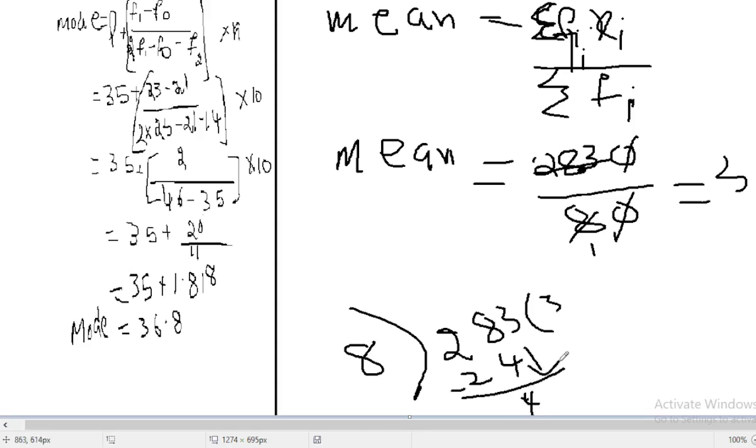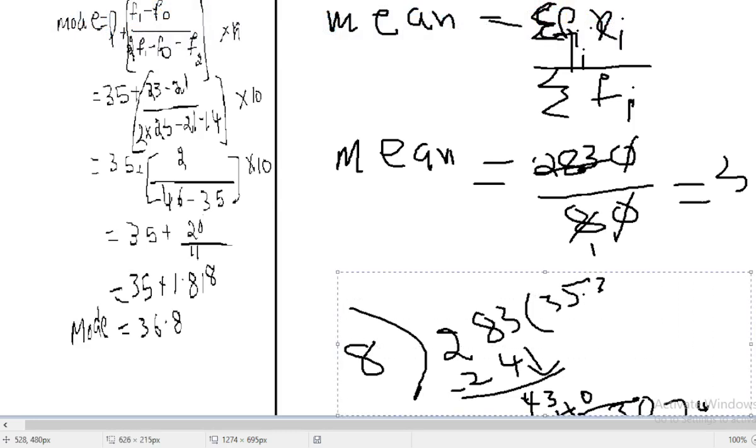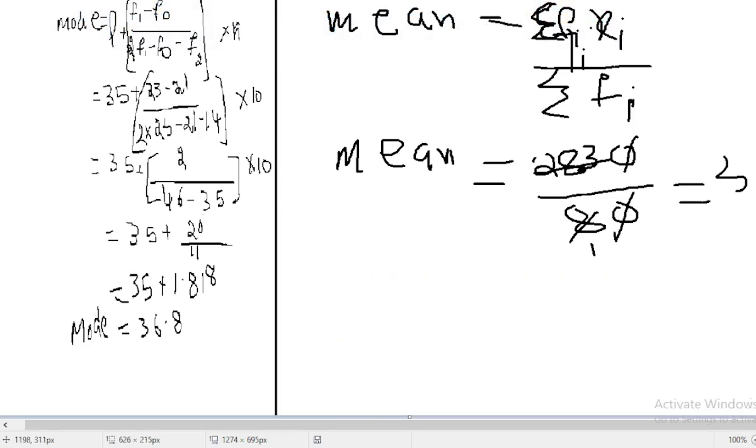Then the next digit is 3. 8 5 is 40. Then 3.0, and 8 4 is 32. So again 8 2 is 16. So 35.32.